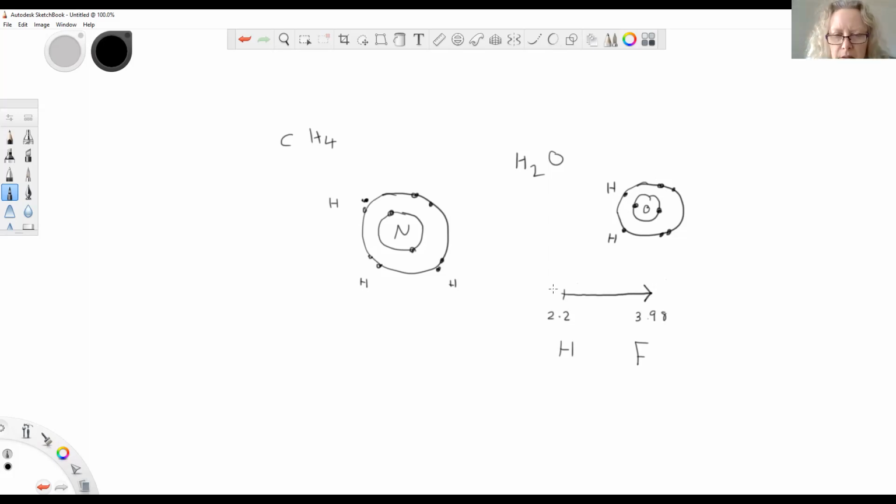We write this with this Greek delta. This is a lowercase delta, not like your triangle, you know, with your delta H was a triangle. That's capital delta. This is lowercase delta. Okay, so this end is a bit more positive, and this end is a little bit more negative. And how much more negative? Well, it's 3.98 take away 2.2. It's the difference. So we got a 1.78.